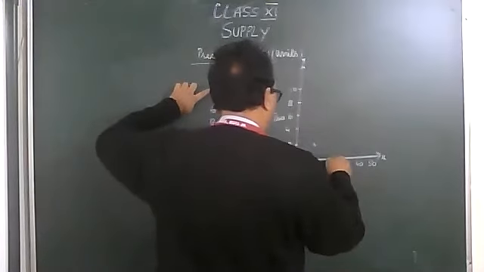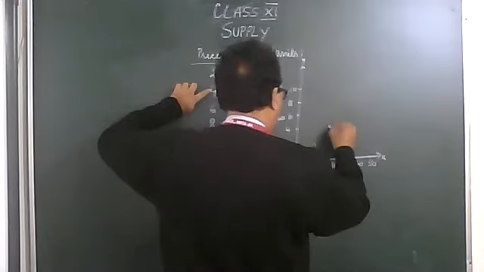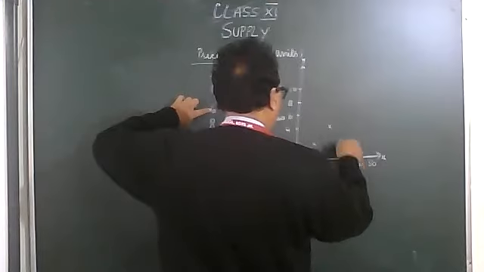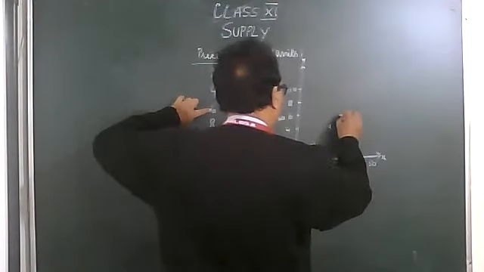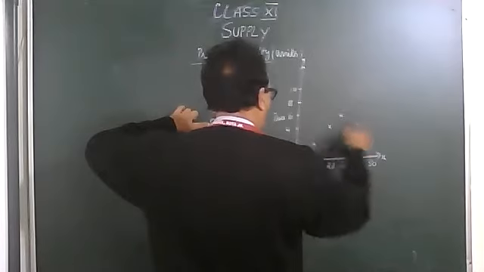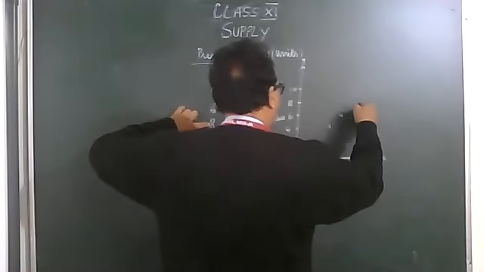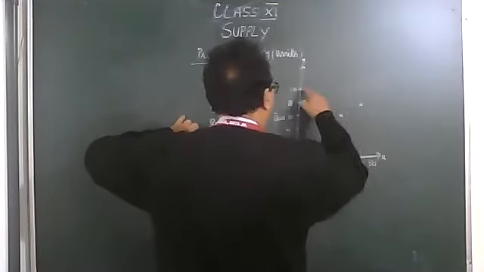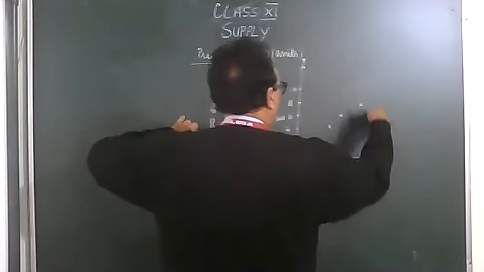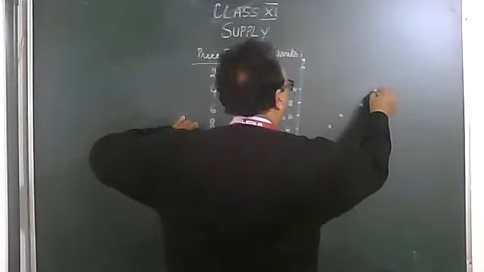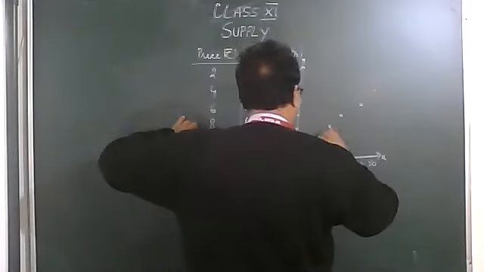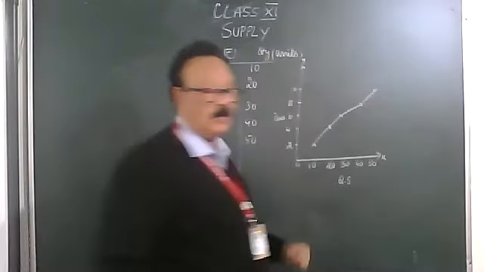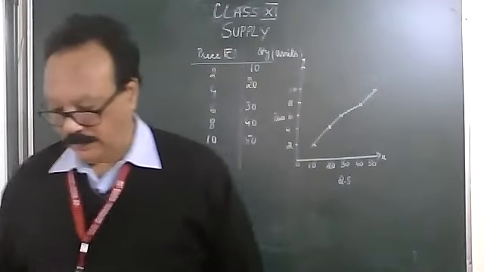At 4, we get 20; at 6, 30; at 8, 40; at 10, 50. Joining these points, we get an upward sloping curve.